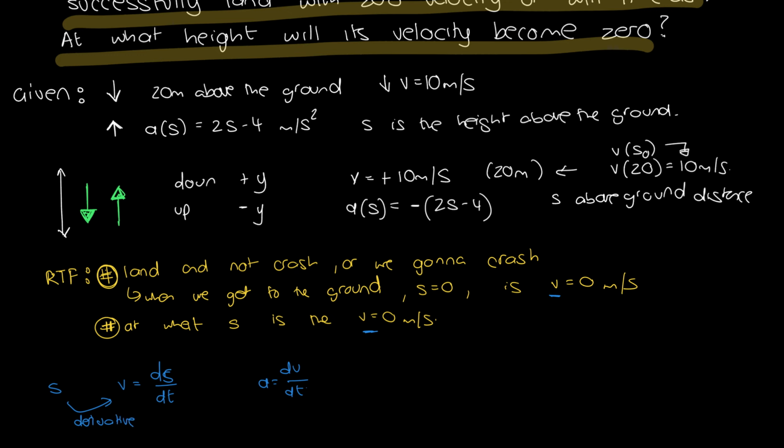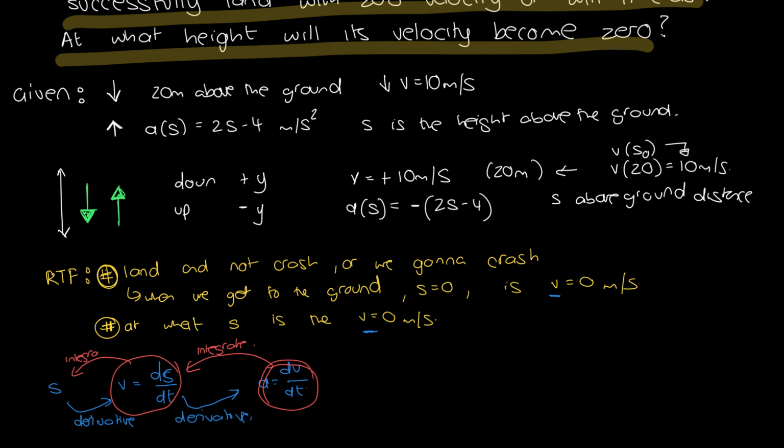If we have velocity, we take its derivative and we can get acceleration. But now, if we have acceleration, to get velocity, we can take the antiderivative, so we can integrate. And if we have velocity, we can integrate to get the position.